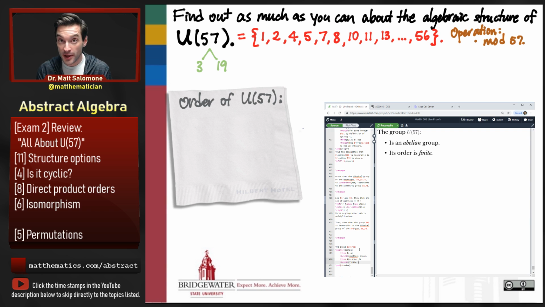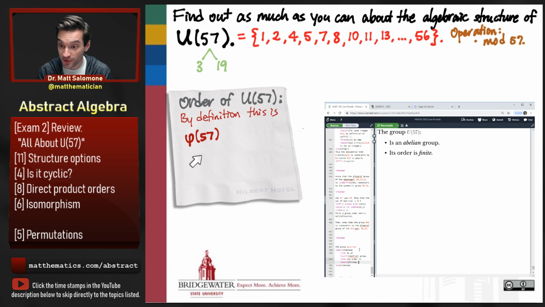Well, this is really an answer to the question, how many numbers less than 57 are relatively prime to 57? And by definition, the function that answers that is the Euler phi function. By definition, this is the Euler phi function of 57. So this is the first place where we're seeing the Euler phi function come in handy. It's going to tell me the order of this U group.